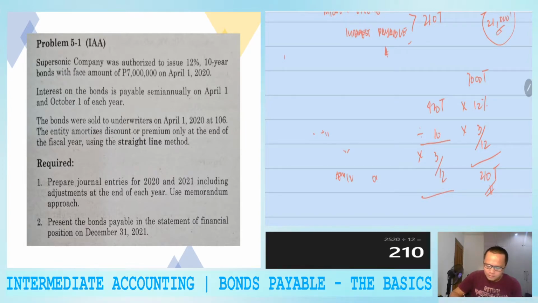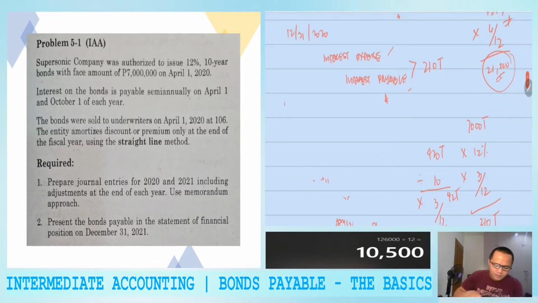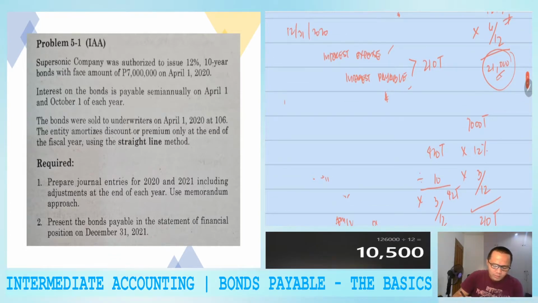So that is 42,000 times 3 divided by 12. Because it is only 3 months, October, November, December. So 42,000 times 3 divided by 12. So that is 10,500.